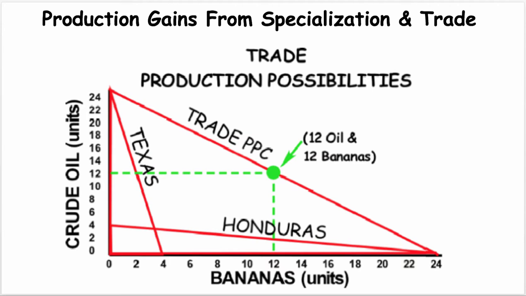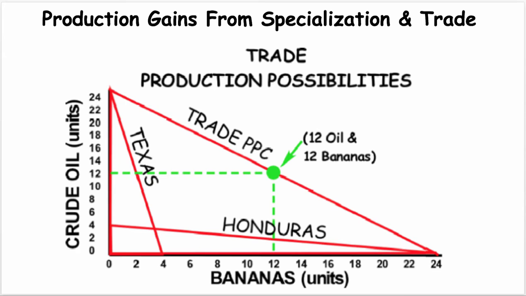In that case, Honduras now has 12 units of bananas and 12 units of oil, and Texas also has 12 units of oil and 12 units of bananas. What we see here is that now both countries are almost miraculously richer than they were before.